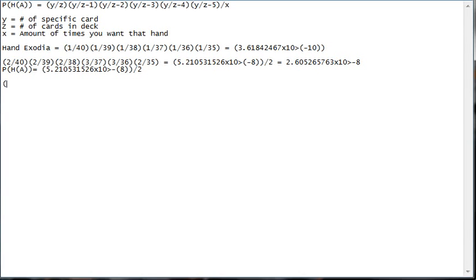So what you would do is just do 1 divided by 28, and that would give you the answer. So that's 0.0357 and a bunch of other numbers. Draw that card.